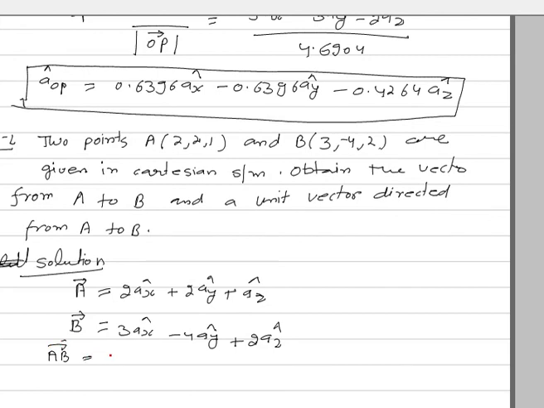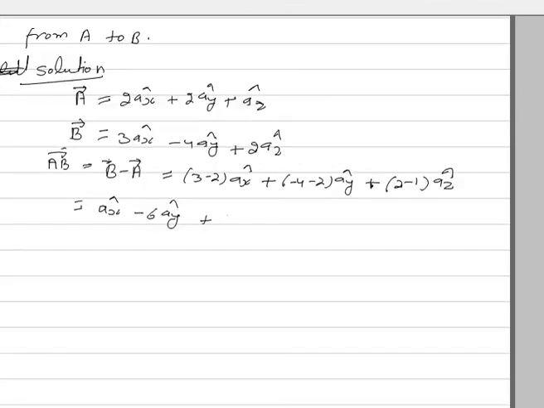AB means here A to B, which means the distance vector B minus A. So then 3 minus 2 unit vector Ax plus minus 4 minus 2 unit vector Ay plus 2 minus 1 unit vector Az. Solve this: 3 minus 2 is 1, so only Ax, minus 6 Ay plus Az. This is the vector AB. This is the final expression.